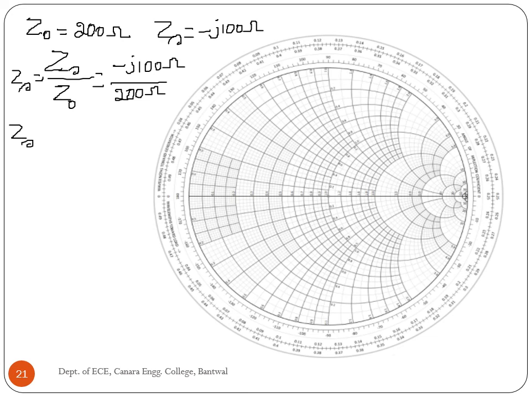Therefore, the normalized source impedance is minus j0.5. In the R minus jX form, it is 0 minus j0.5.